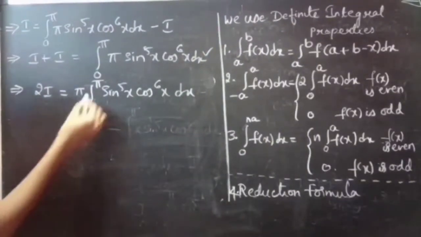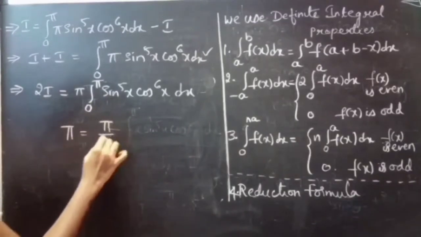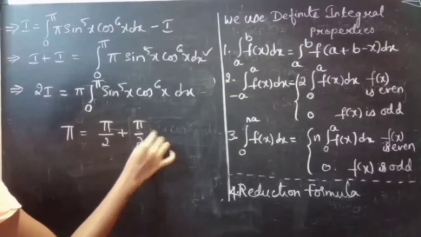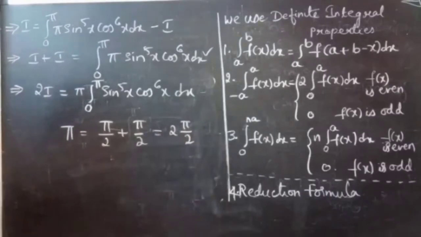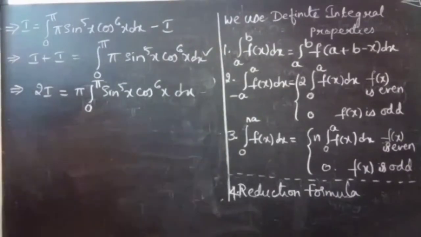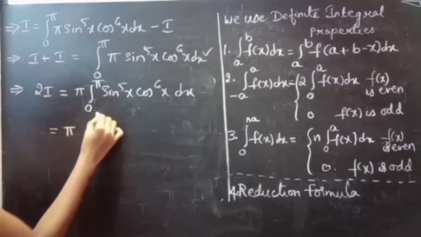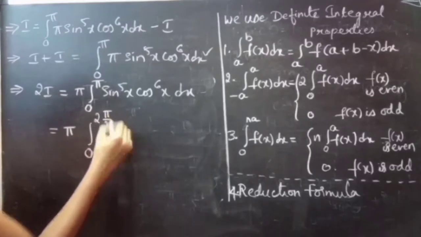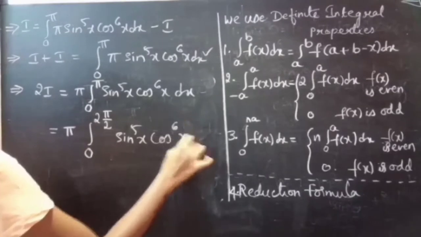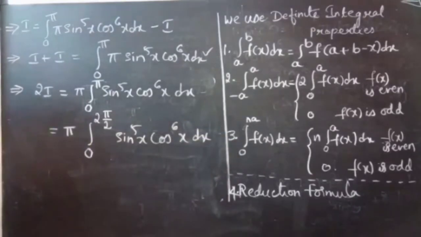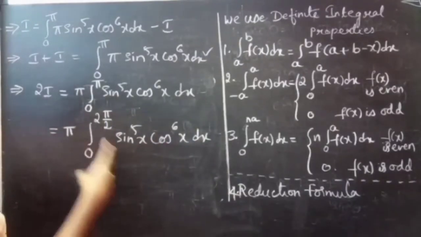Now, you can write this upper limit pi as pi by 2 plus pi by 2, which is 2 times pi by 2. So this equals pi into integral 0 to 2 times pi by 2 sine power 5x into cos power 6x dx. Okay. So now this is of the form integral from 0 to na of f of x dx.